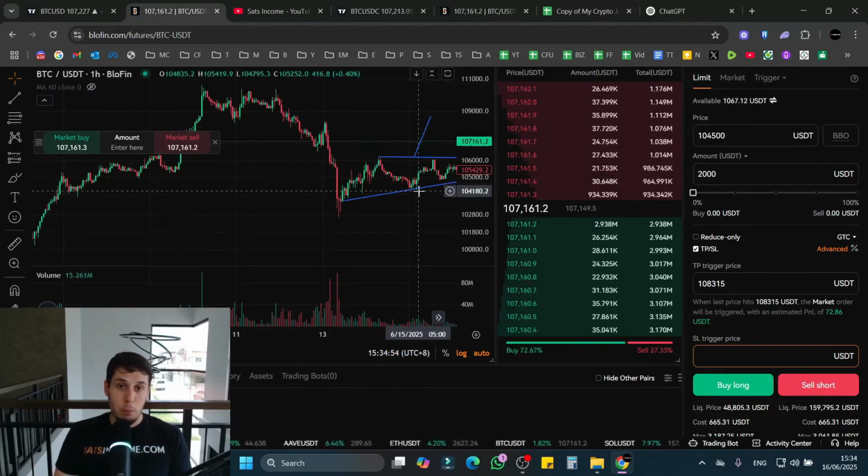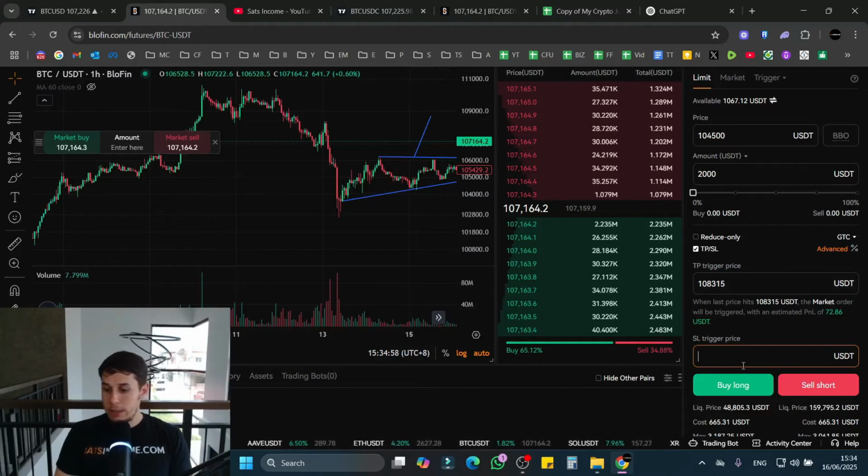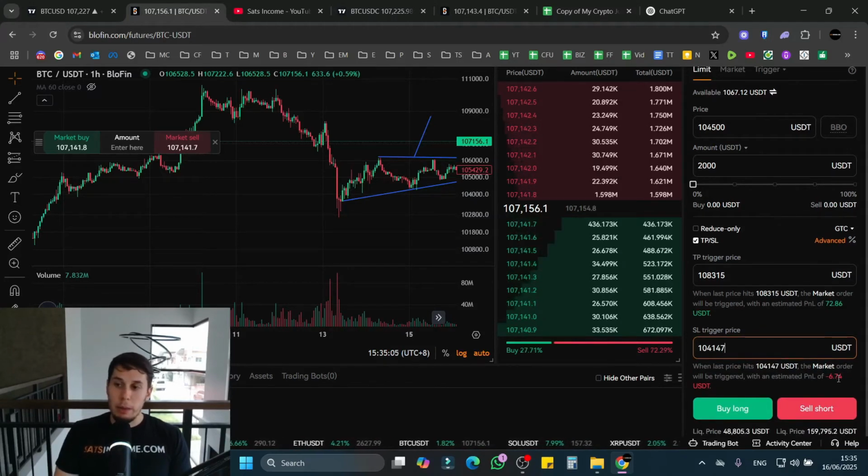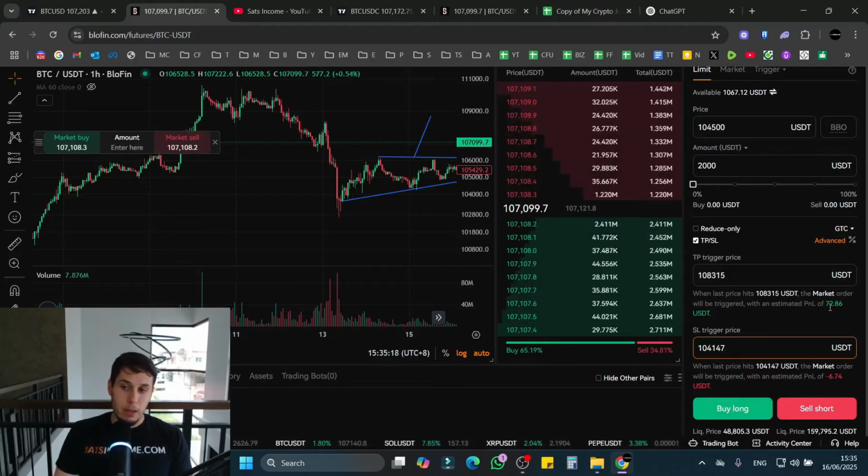So where to place your stop loss? Below this level is a good place, 104,147. So this is your stop loss. In this case, you're gonna lose $7 if your stop loss gets hit. So you are entering at this price, your stop loss is at this price, your take profit is at this price. One of the two things will happen: either you're gonna make $73 or you're gonna lose $7, right?